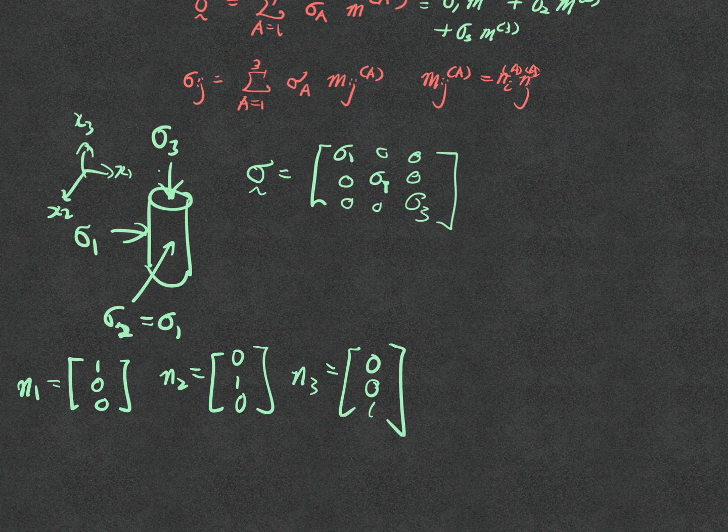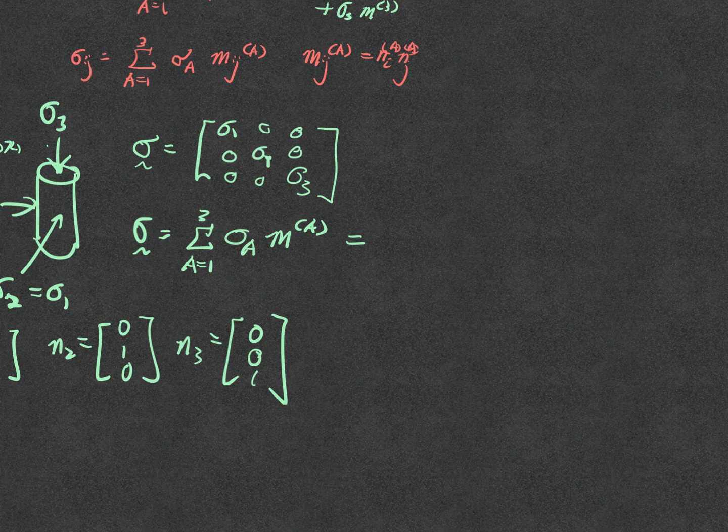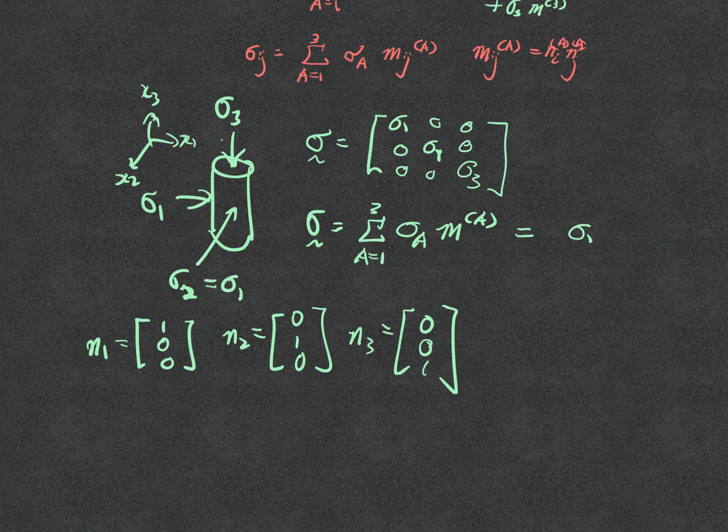Now, if I want to write it in spectral form, the stress is expressed through the eigenvalues and the principal directions, or spectral directions, A. In this case, that would be equal to sigma 1 M1 and so on.